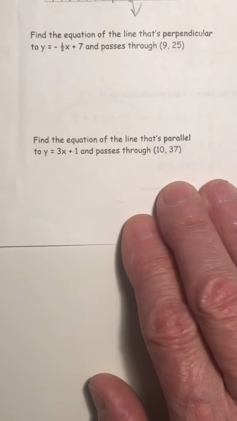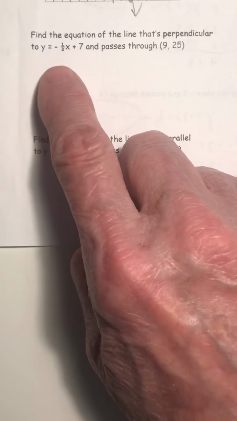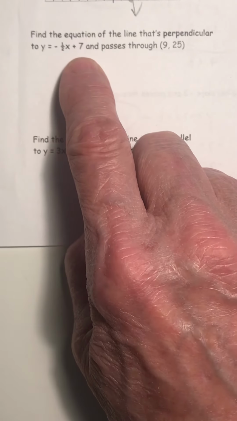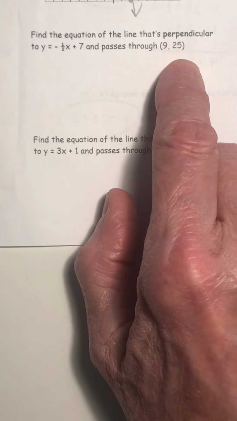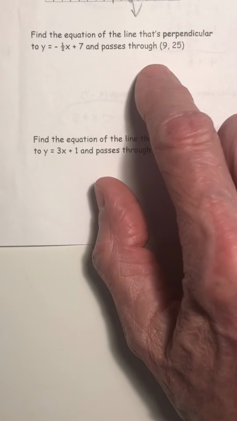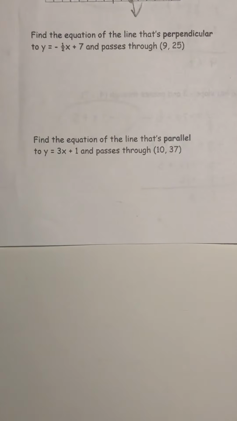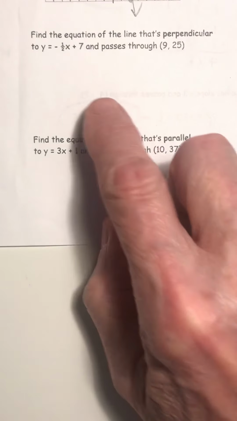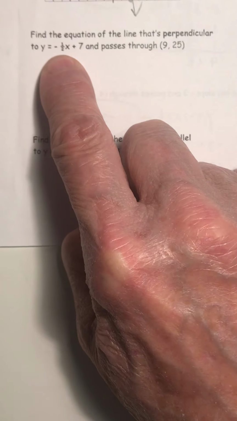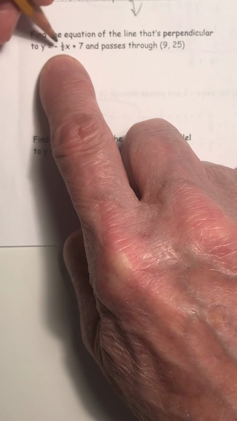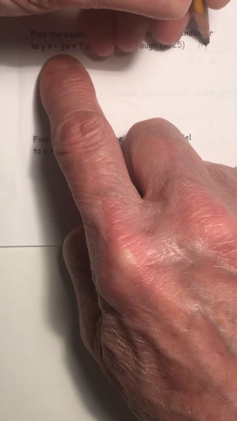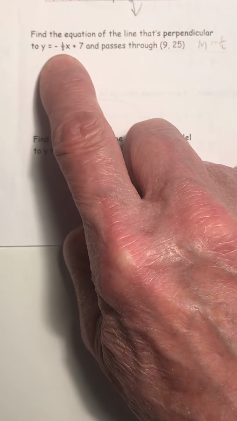We want the equation of a line that's perpendicular to y equals -1/2 x plus 7, and that goes through the point (9, 25). So remember, how do we make lines perpendicular? Give them the opposite reciprocal slope. This line has slope -1/2.